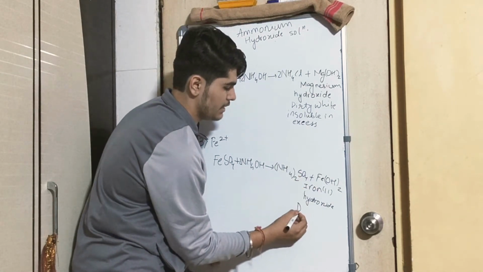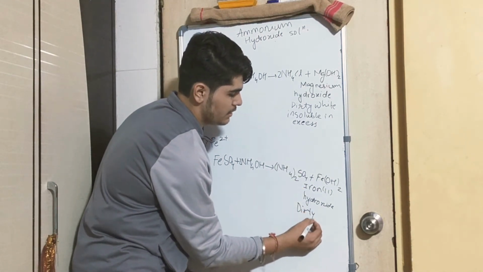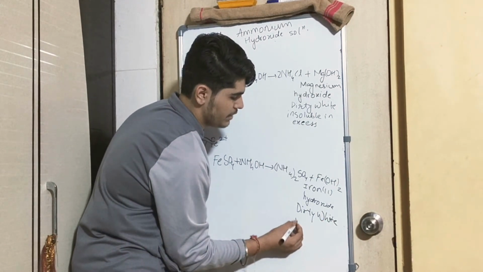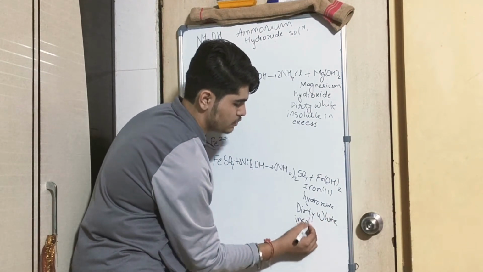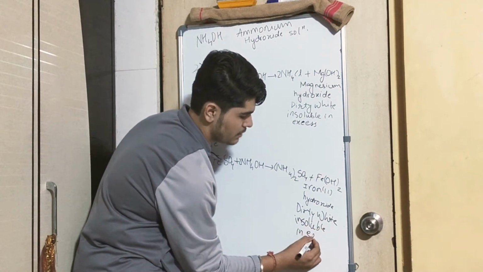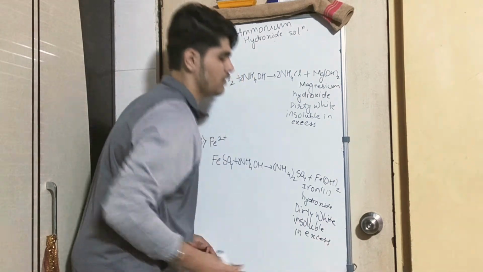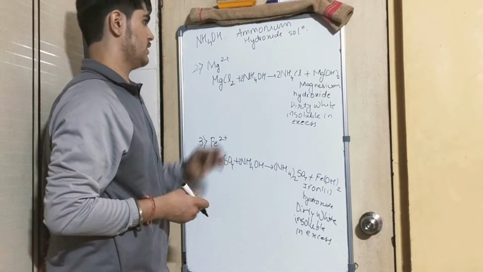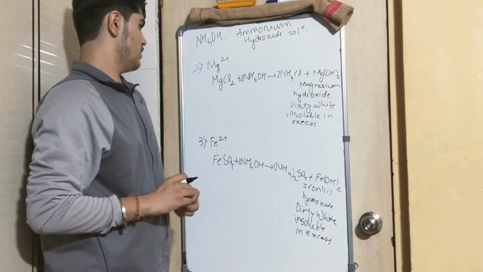This precipitate is again a dirty white precipitate, which is insoluble in excess of NH4OH, that is ammonium hydroxide solution. Getting it?